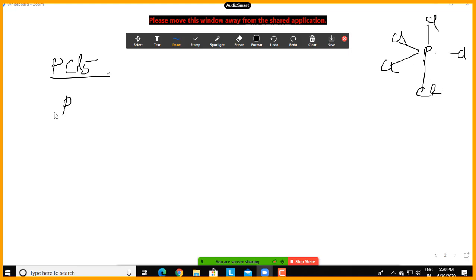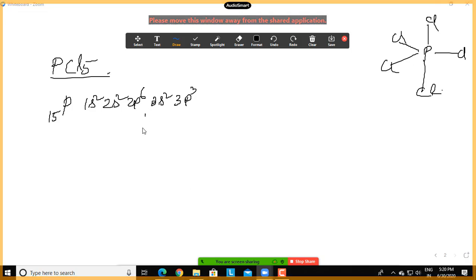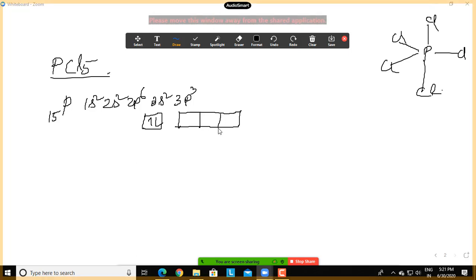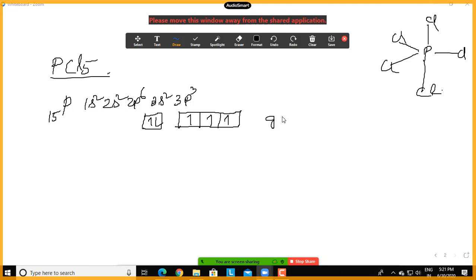Phosphorus has atomic number 15. So 1s2, 2s2, 2p6, 3s2, 3p3. Okay. So valence shell 3s2 and 3p3 is there. So in ground state, this cannot form. In ground state, it will be ineligible to form bonds.